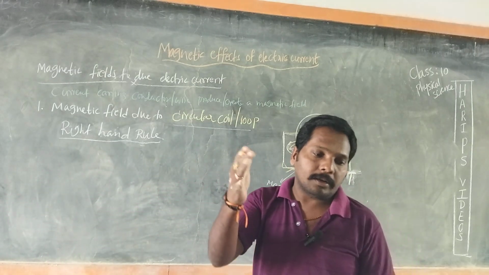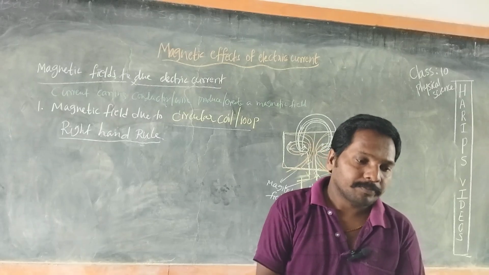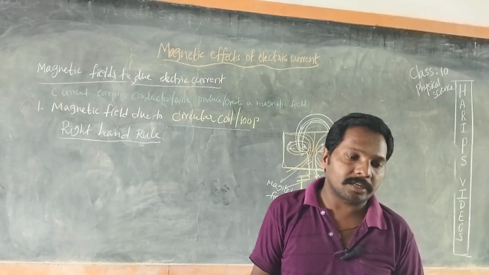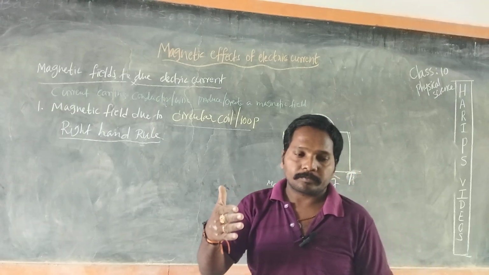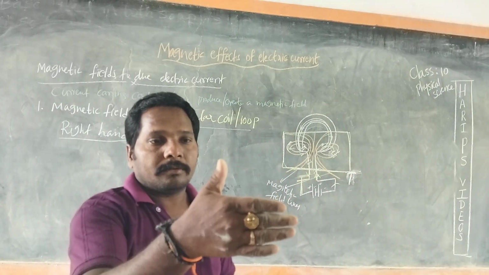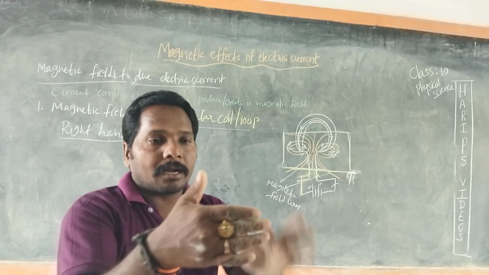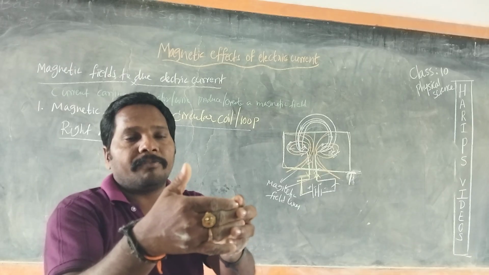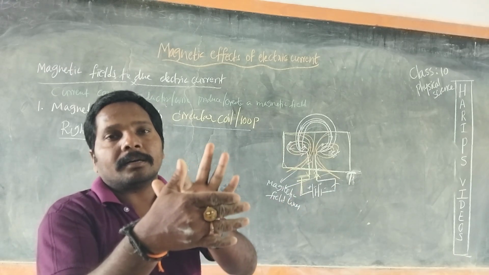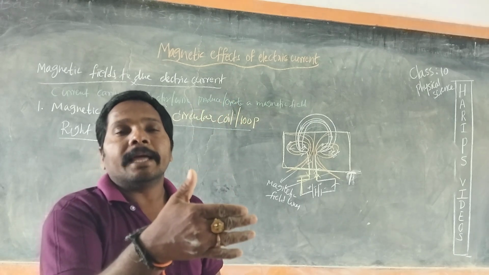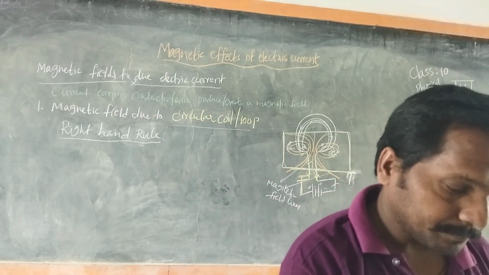This right hand rule states that when you curl your right hand fingers in the direction of current, the thumb gives the direction of the magnetic field. So whenever we place our right hand like this, the curled fingers explain the direction of current, then the thumb denotes the direction of the magnetic field, right?